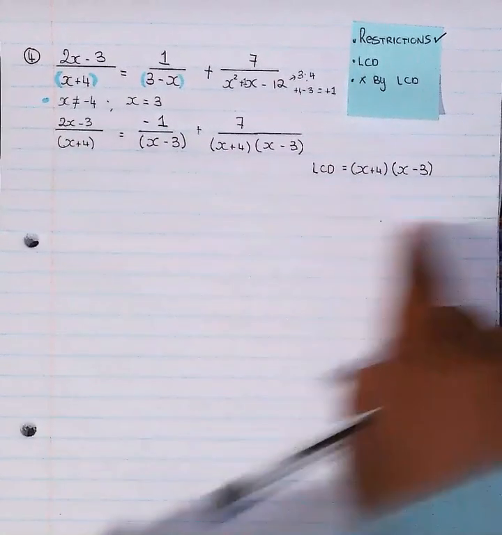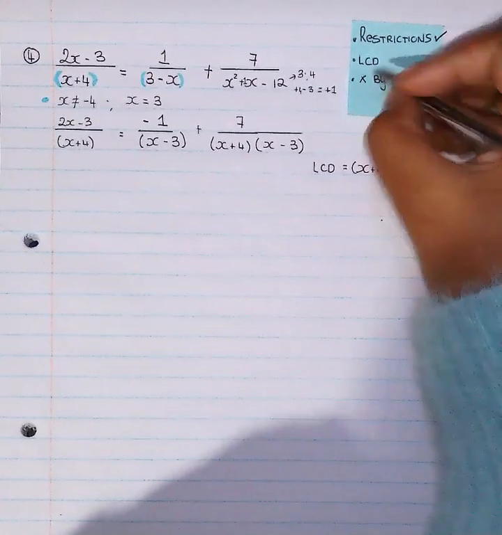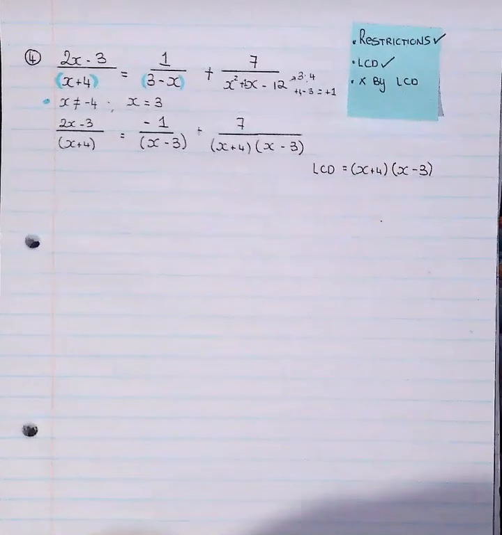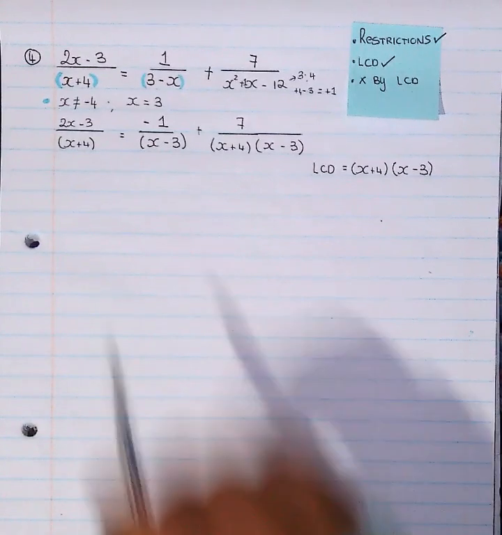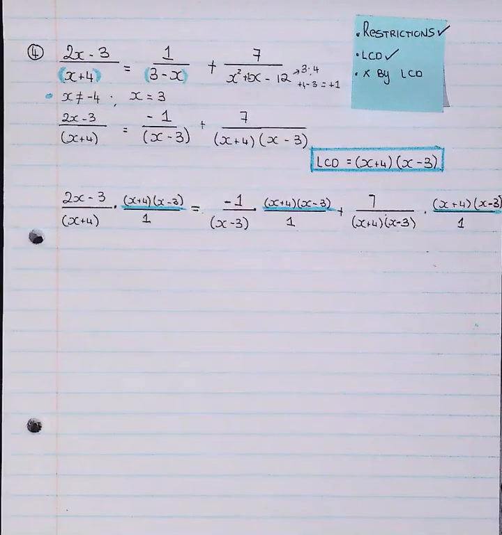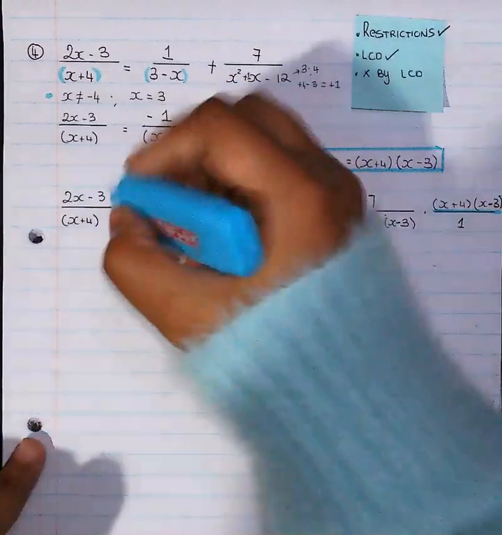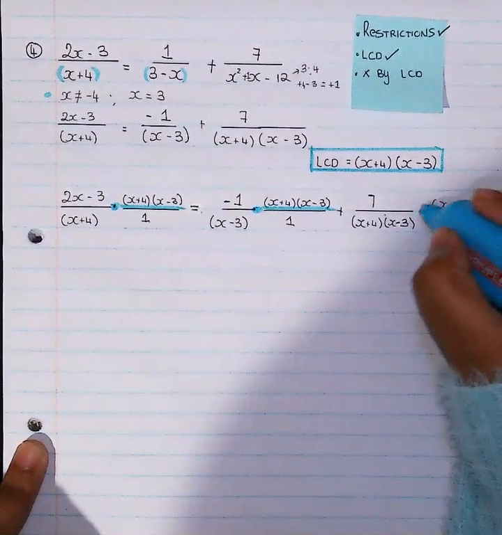So this here is the most appropriate and the smallest denominator possible. And now the final step before solving is to multiply all these terms by the LCD. I just went ahead and multiplied each term by my LCD as indicated by that period there.